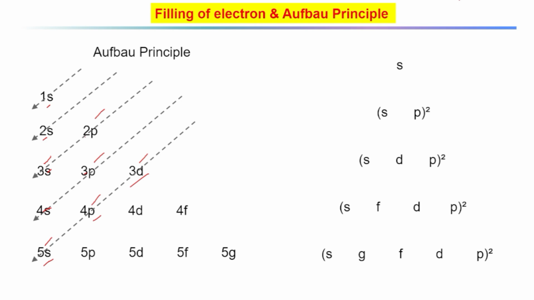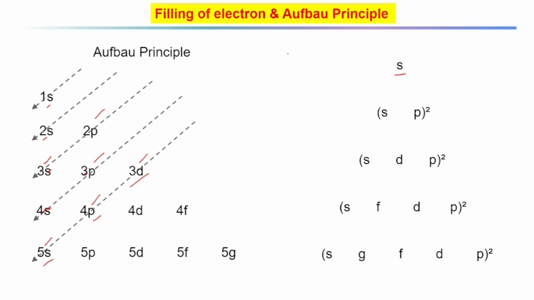So I remember like this: s. This is a lonely s, just one s. Now here s has p, so s is not single anymore. When it has a partner, I write square because it is not single anymore. So first it is s, then sp square, sdp square, sfdp square. Now what does it mean?